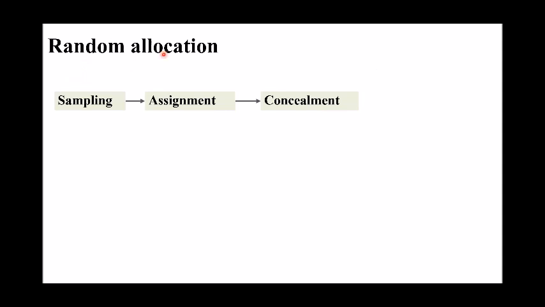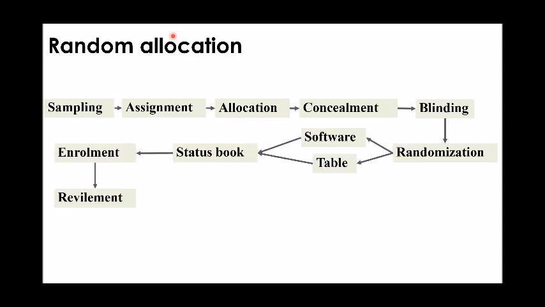So again, randomization is a process of sampling, assignment, and concealment, sometimes called random allocation. First you do your sampling, as we talked about, then you assign a subject ID to the individual.